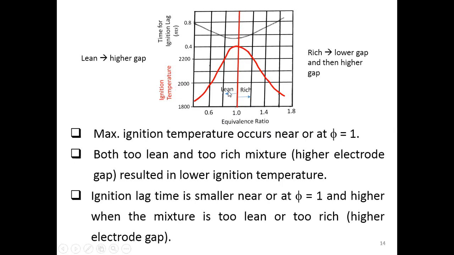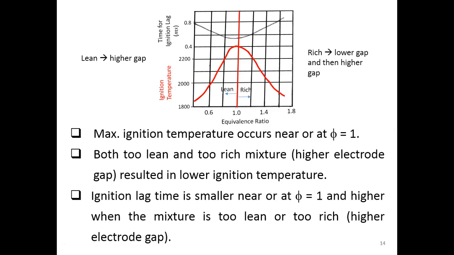But if you go for lean or you go for rich, the maximum ignition temperature starts to reduce. Too lean and too rich, especially here, your electrode gap has to be wider.